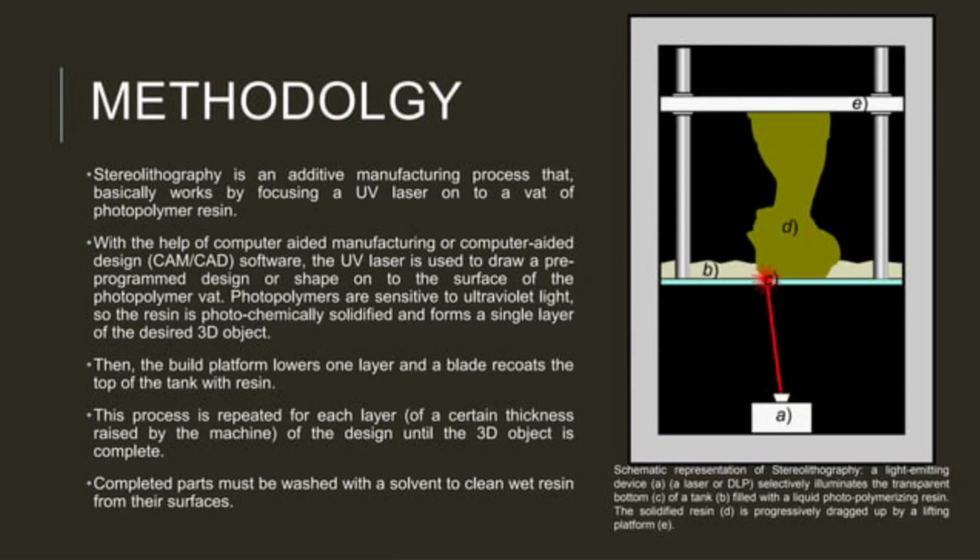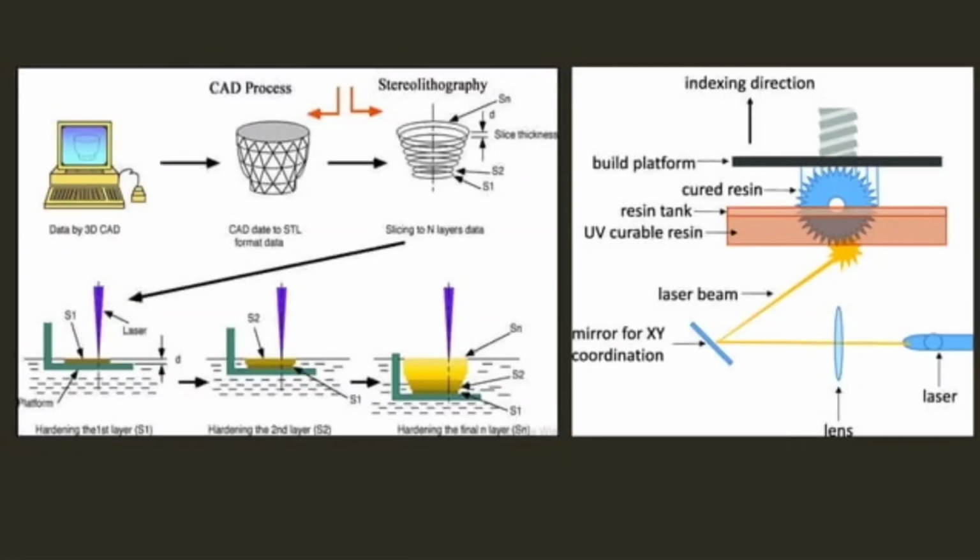The photopolymers are sensitive to ultraviolet light, so the resin is photochemically solidified and forms a single layer of the desired 3D object. Then the build platform lowers one layer so that a new layer of the 3D printed part can be produced. So this is the process diagram.